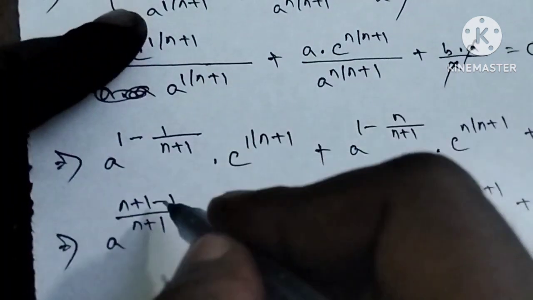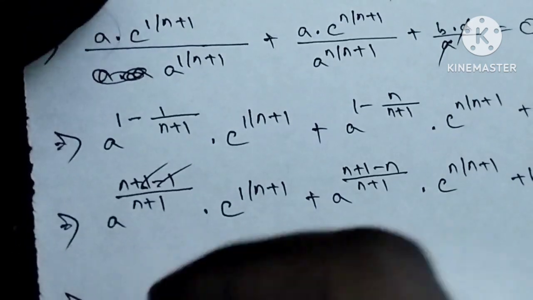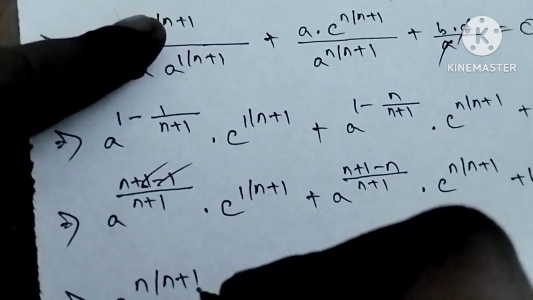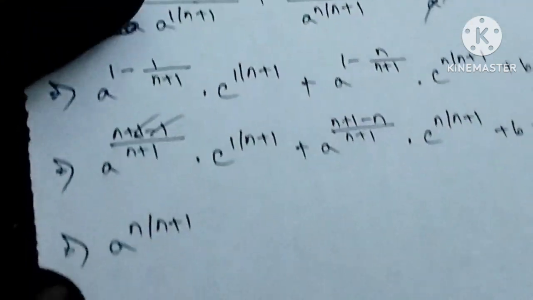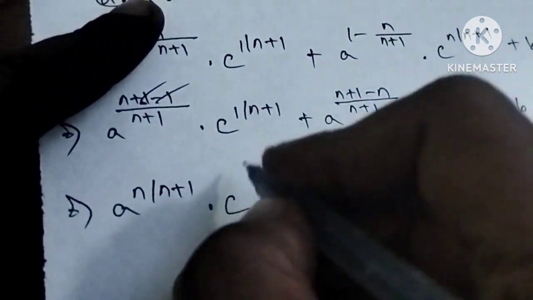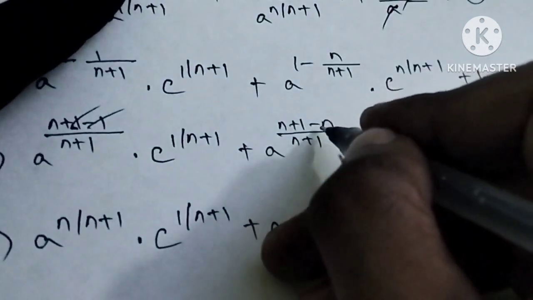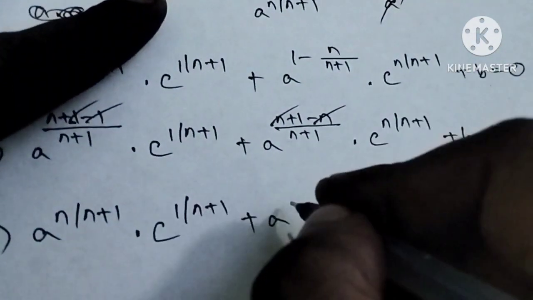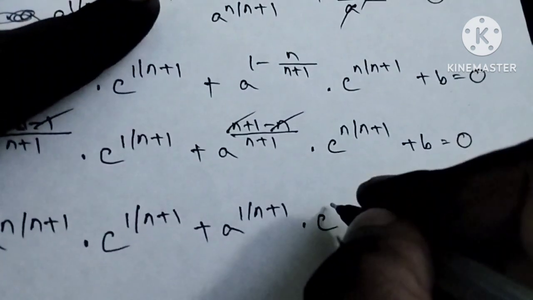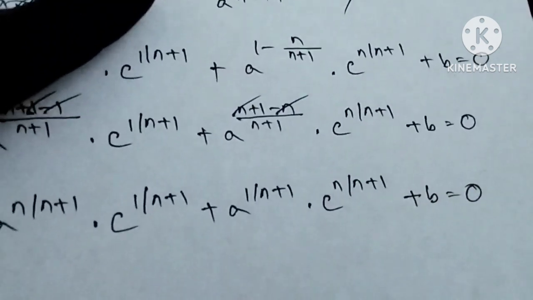So plus 1 minus 1 will cancel each other, so it will be a to the power n by n plus 1 into c to the power 1 by n plus 1, plus a, minus n plus n will cancel each other, 1 by n plus 1 into c to the power n by n plus 1, plus b is equal to 0.